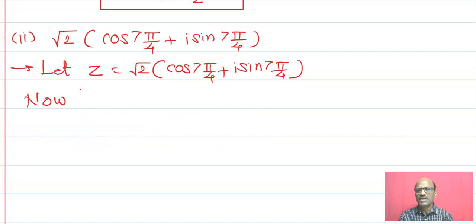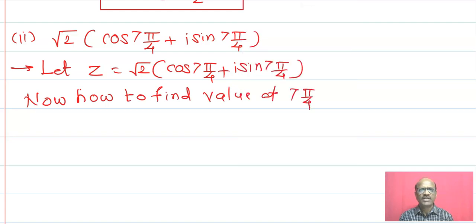Now see this, how to find out the value of 7 pi by 4. In the 10th standard, you found values only from 0 to 90, but here it is 7 pi by 4. Now I am expressing this value like this.